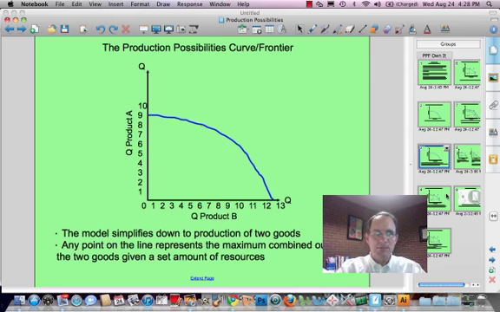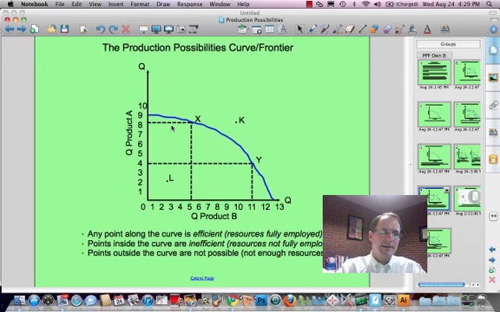So, for example, if this economy produces 8 units of product A, it can only produce 5 units of product B. That is the maximum that it can produce.